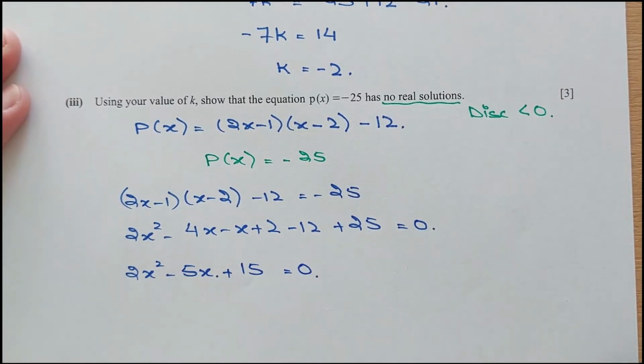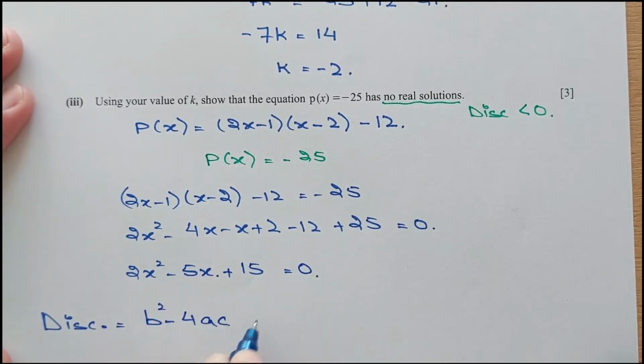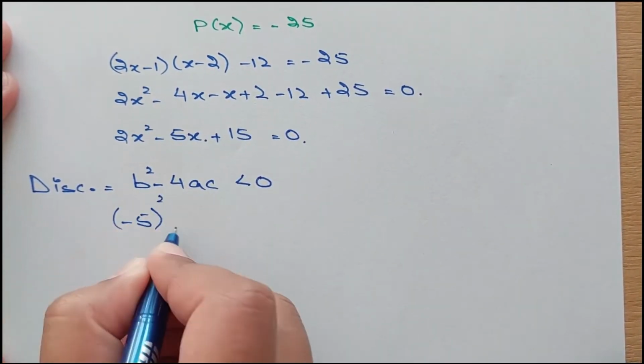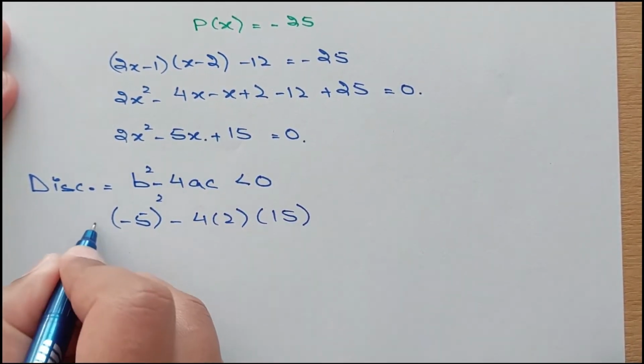So this is a quadratic equation. Now let me solve the discriminant. That is b square minus 4ac, and that must be negative. So b value is minus 5, squared, minus 4 times the a value times the c value.